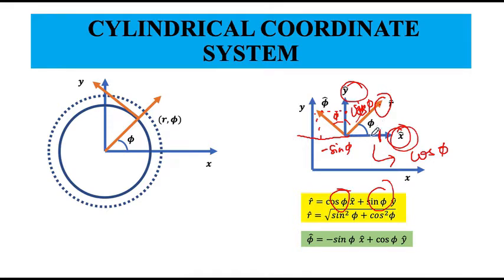I need to multiply this one by the unit vector along the x direction. So I am going to get cos phi x vector. So I hope from this discussion the relationship of r and phi in terms of x hat and y hat is very clear to you now.